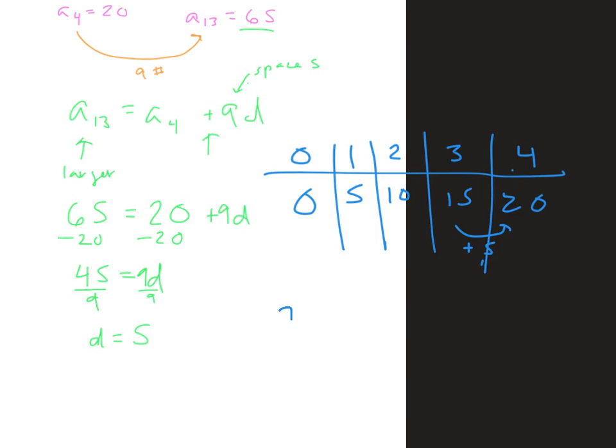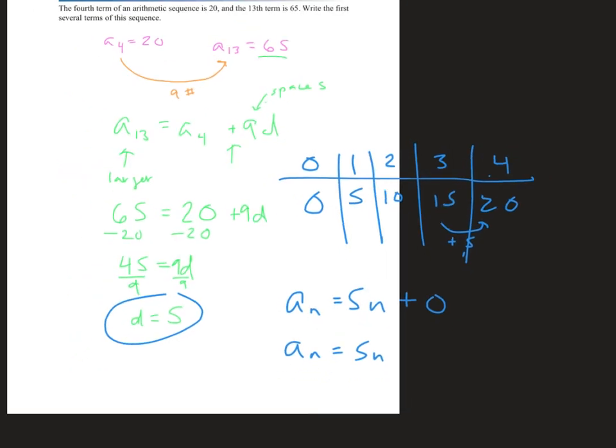So for our formula, a sub n is equal to d times n plus our zero term, so what's our d? 5. So 5 times n plus our zero term. What's our zero term? 0. So our formula is a sub n is equal to 5n. And we can always check our work once we come up with our formula by plugging in.